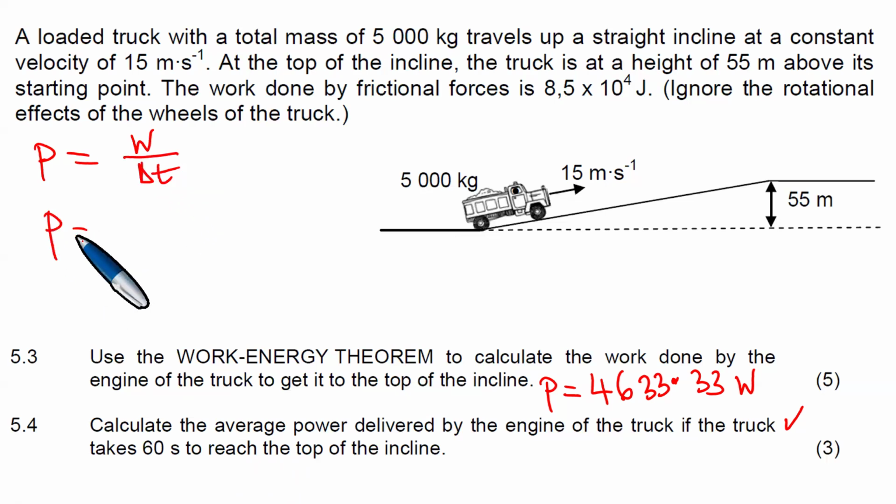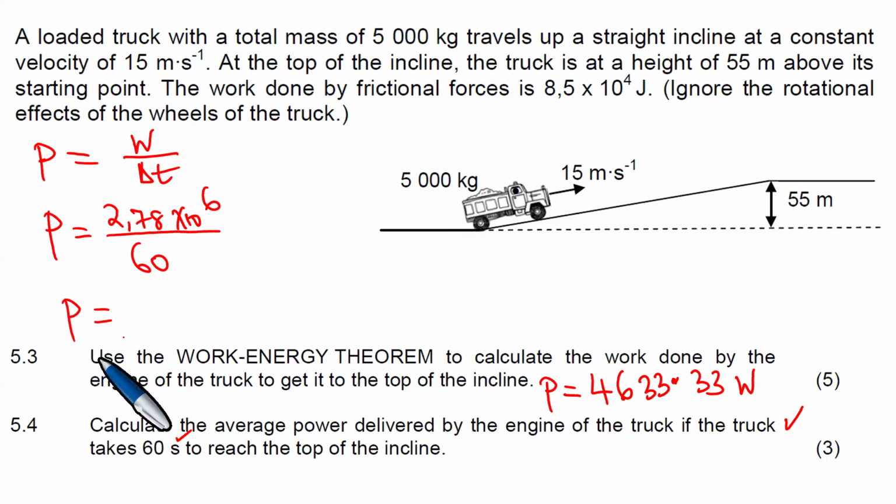We know very well the work done by the engine to get there. We said it is 2,78 times 10 to the 6th power joules divided by the amount of time, 60 seconds. So that we have 4,63 times 10 to the 4th power.